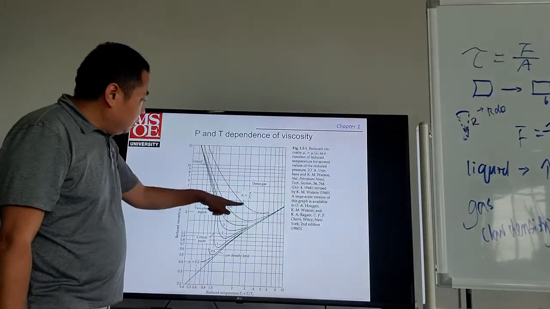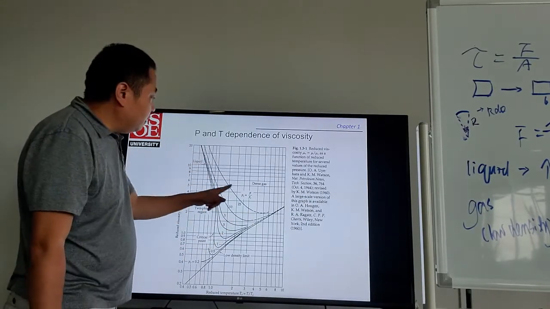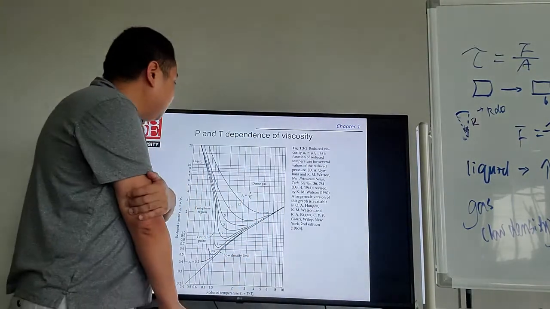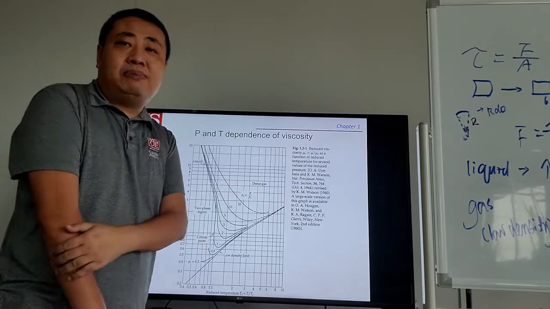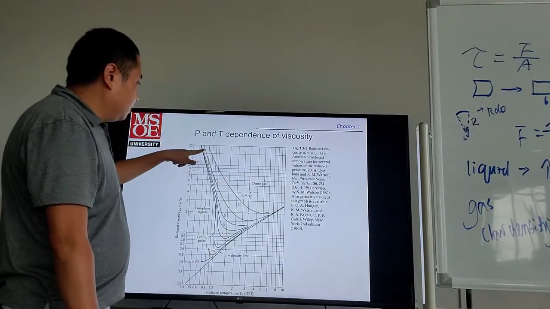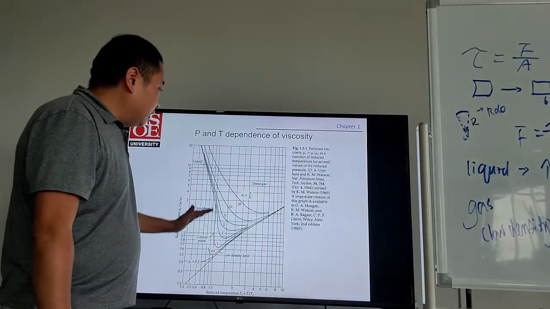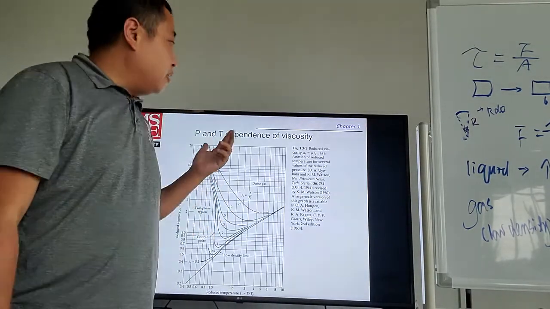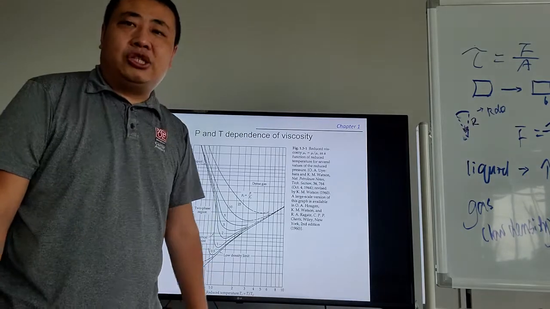So you see multiple curves here, right? Each individual curve is taken under the same pressure. So each curve represents one pressure condition. That's why I say this curve actually reflects all three: viscosity, temperature, and pressure.